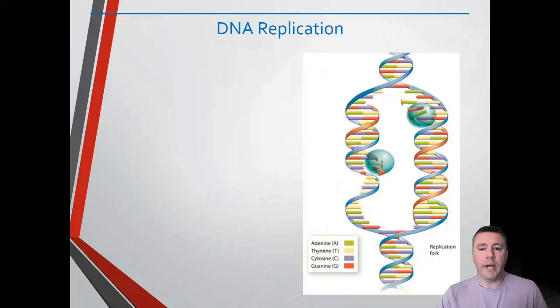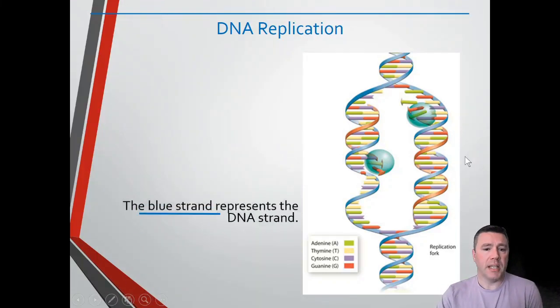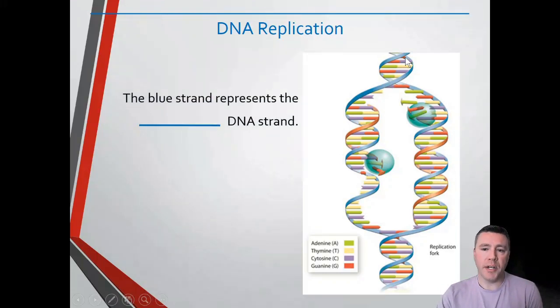All right, so the next part of this that's really important to note is that each of these strands has been color-coded for a reason. If you notice at the top of the model where the DNA hasn't been replicated yet, or the bottom of the model where the DNA hasn't been replicated yet, and you follow along either one of these two strands, as I follow it along here, it twists around the new DNA that's being replicated.